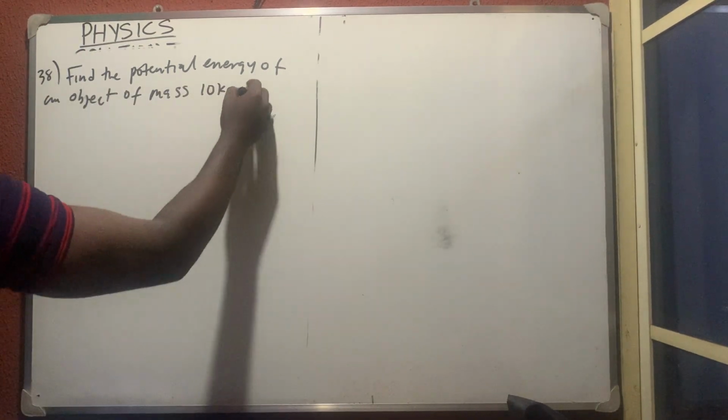So question number 38. Question number 38 said, find the potential energy of an object of mass 10 kg placed on a building floor 10 meters above the ground.